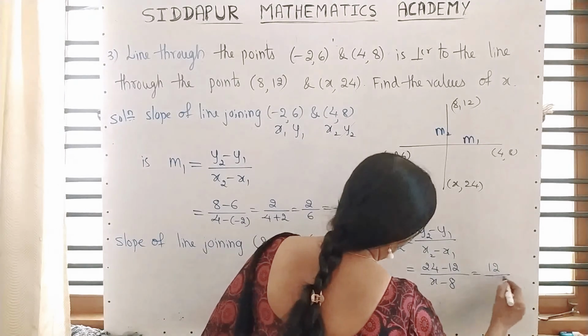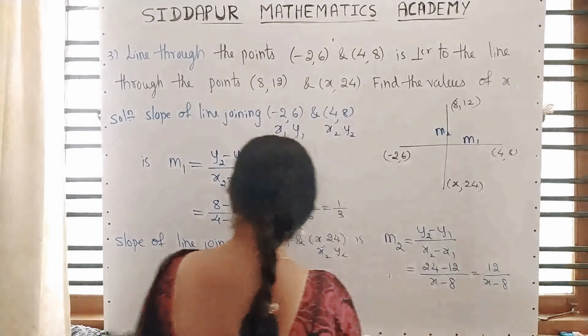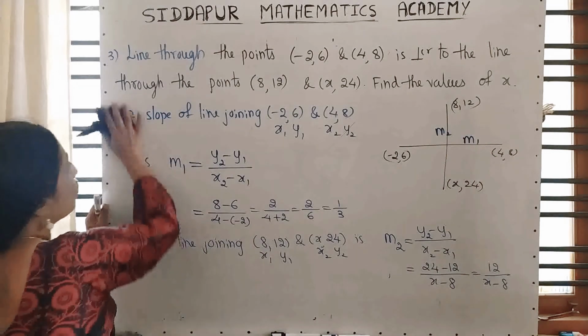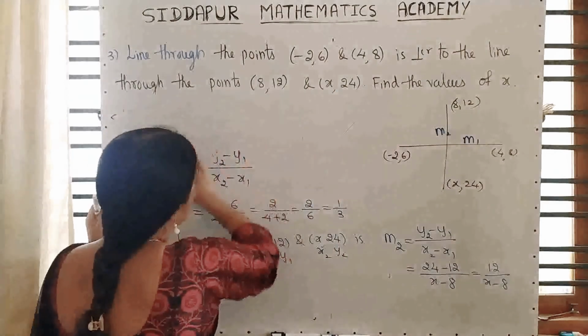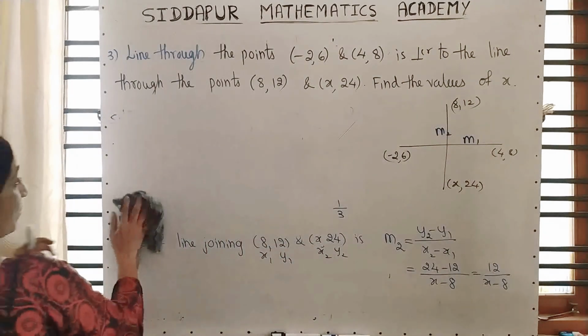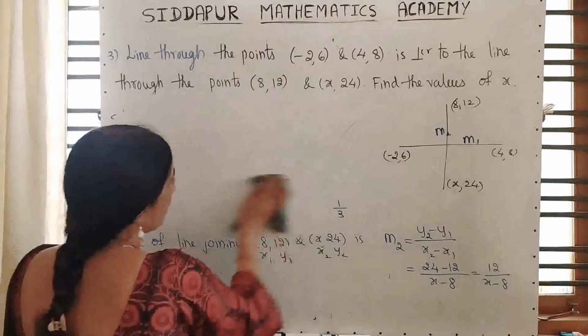That is 12 upon x minus 8. What is the given condition? The given condition, the two lines are perpendicular, and the condition is the product of their slopes is minus 1.